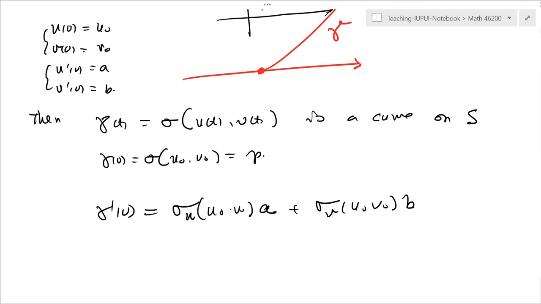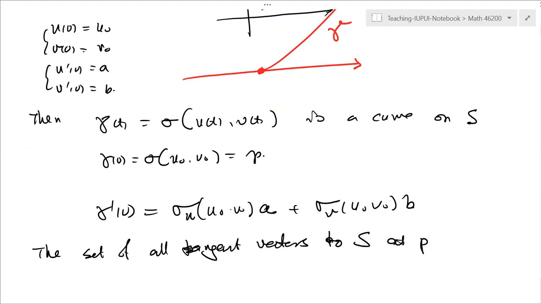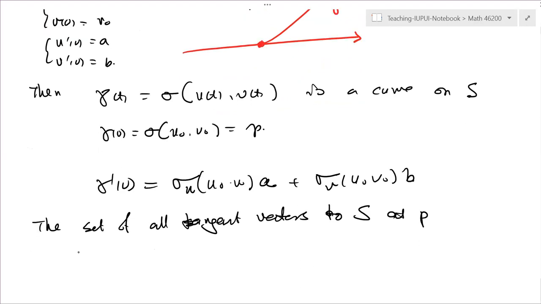And a, b are arbitrary numbers. So we conclude the set of all tangent vectors to the surface at the point P is denoted by T_P S, okay?